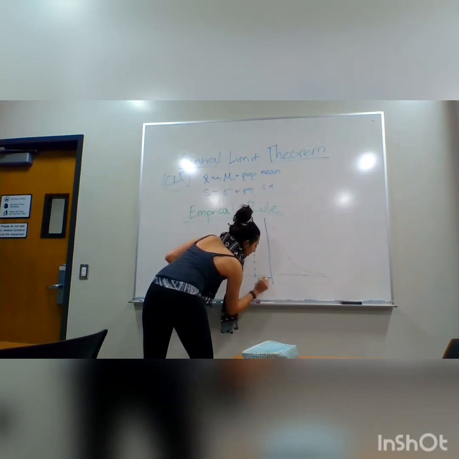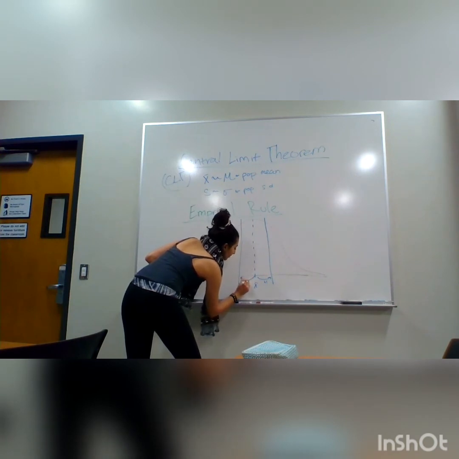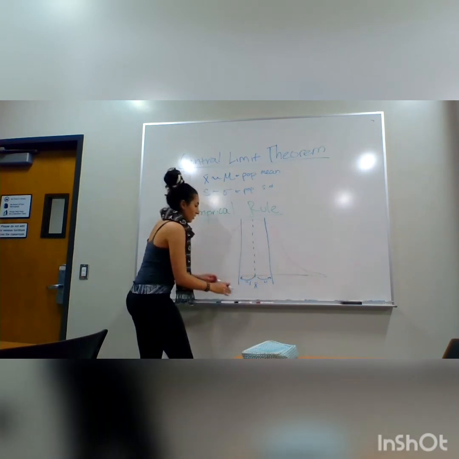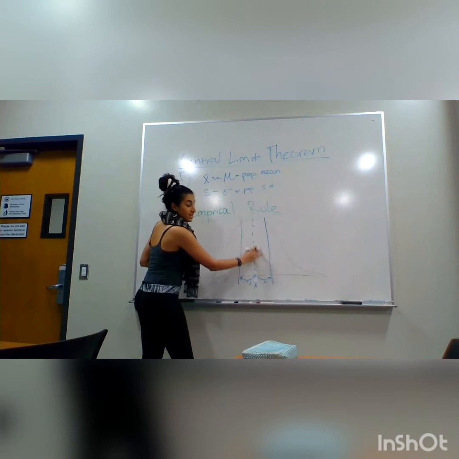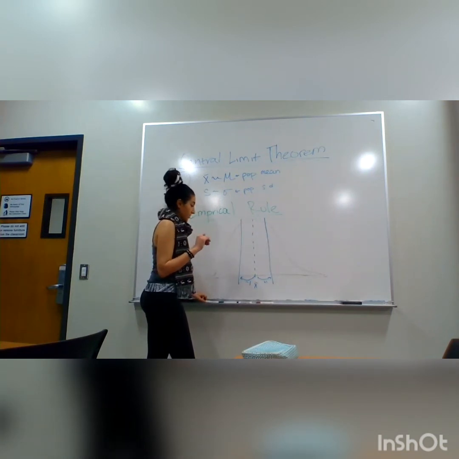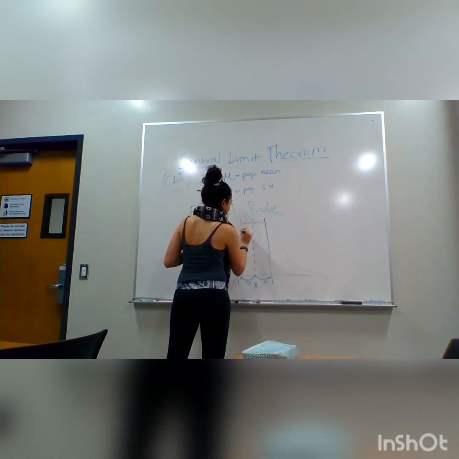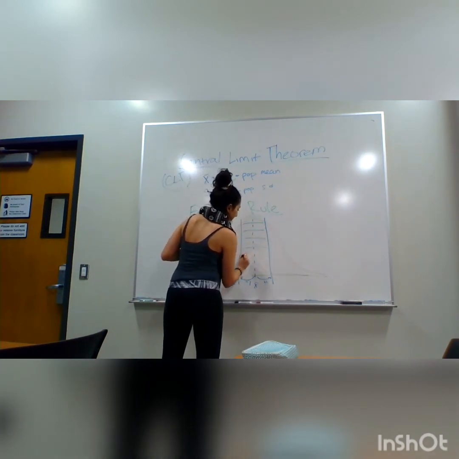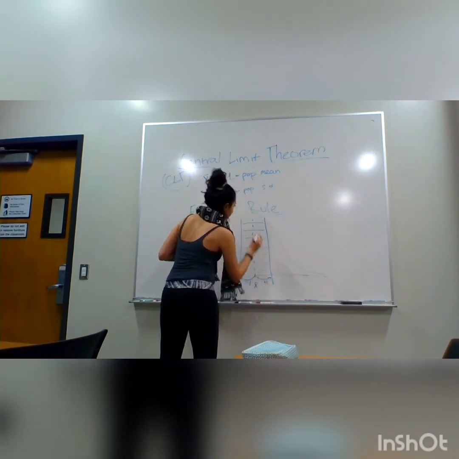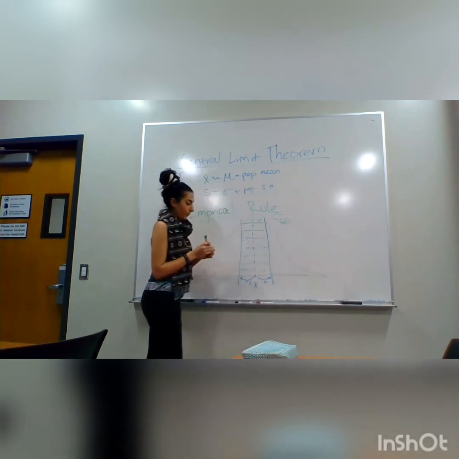So plus one on this side in the positive units, and then subtracting one standard deviation on this side. Everything within this chunk of values, that's going to be 68% of your data.